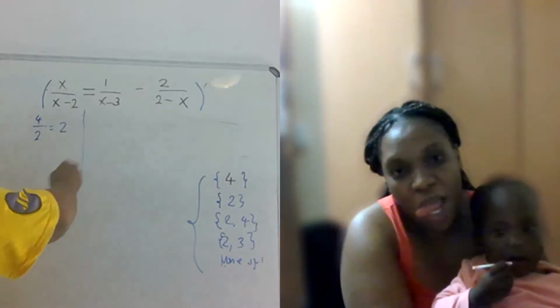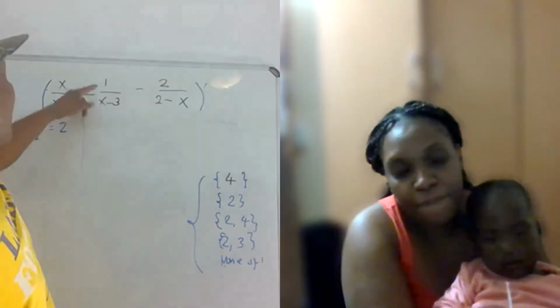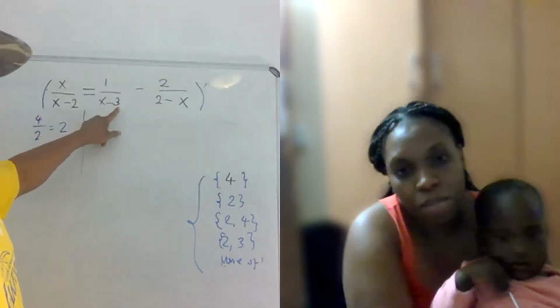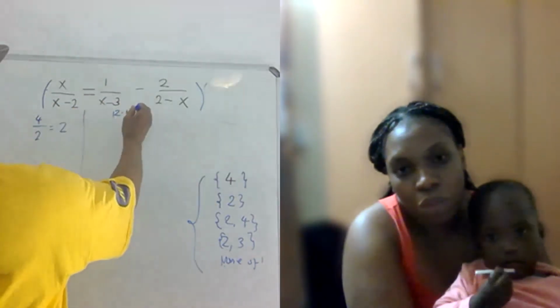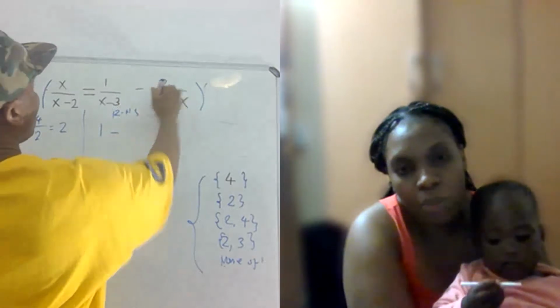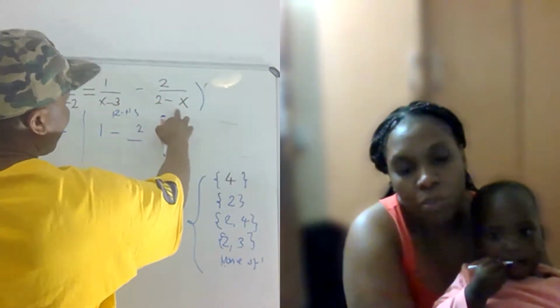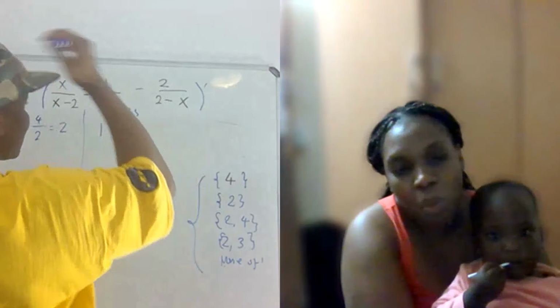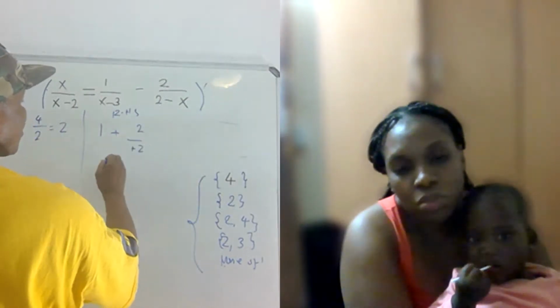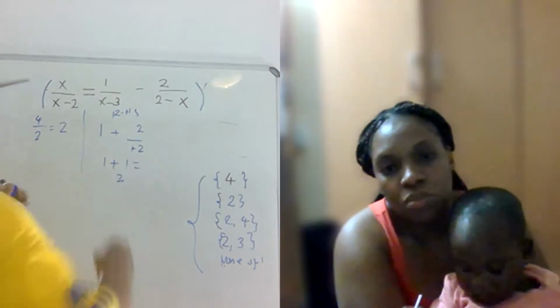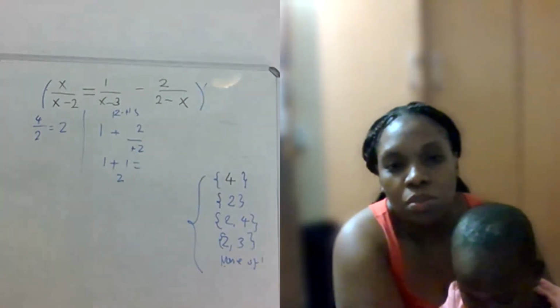Let's go for the right hand side. 4 minus 3 equals 1, and 1 over 1 equals 1. So the right hand side is 1 minus 2 over 2 minus 4. What is 2 minus 4? Minus 2. So this and this will be plus. So 1 plus 1 equals 2. So the left hand side equals the right hand side. Yes, this is a solution set.